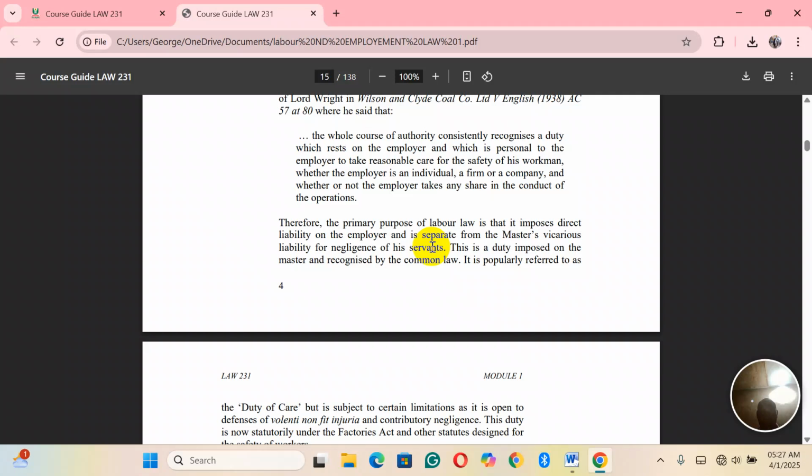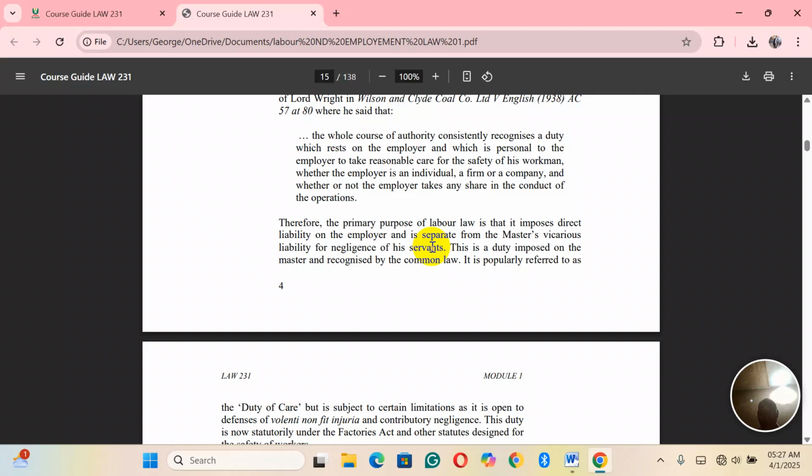Therefore, the primary purpose of labor law is that it imposes direct liability on the employer, separate from the master's vicarious liability for negligence of a servant. This is a duty imposed on the masters and also recognized by the common law.